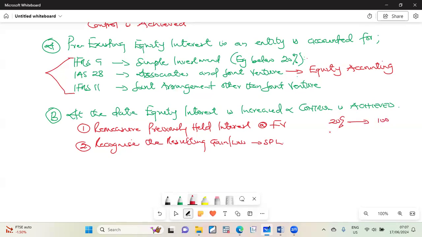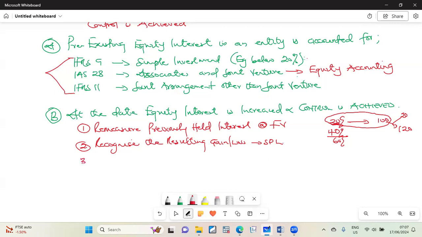Then I buy an extra 40%, because control is now achieved. The date I had the control, making 60%, I'll remeasure this 20%. Let's say if I remeasure, it is now 120, and therefore there is a gain of 20, which will be recognized inside the P&L. If it is a loss, it is the same thing.